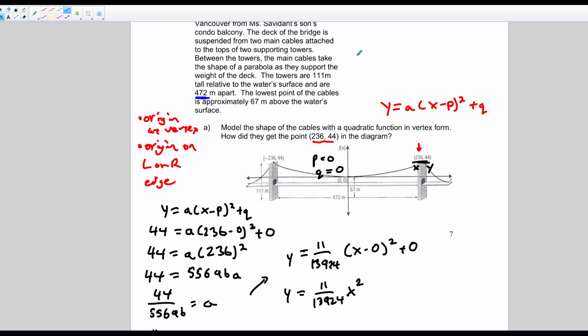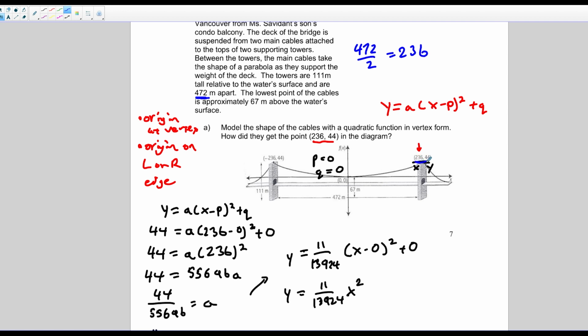And if we go 472 divided by 2, that gives us 236. So that means that each half of the cable ends up going a horizontal distance of 236 units either way, or rather meters either way. So you can see that we end up getting the 236 from that.